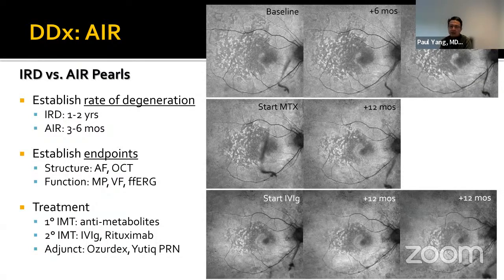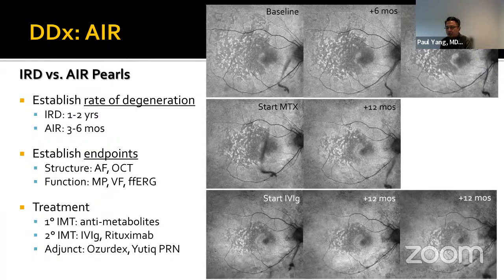But the one thing that I learned is that the rate of degeneration can really help distinguish these things apart from each other. In inherited retinal degenerations, whether it's late onset or early onset in life, typically you will see change at the 1 to 2 year mark when you follow these patients. So it's pretty slow. It doesn't matter if you're looking at visual fields or imaging, but you really won't see much change until you wait 1 or 2 years.